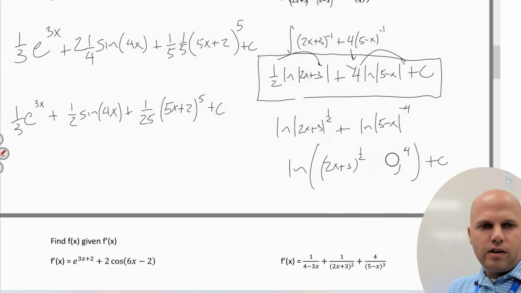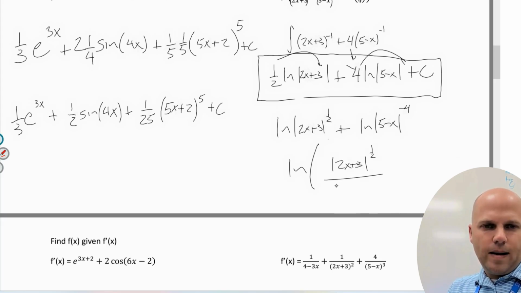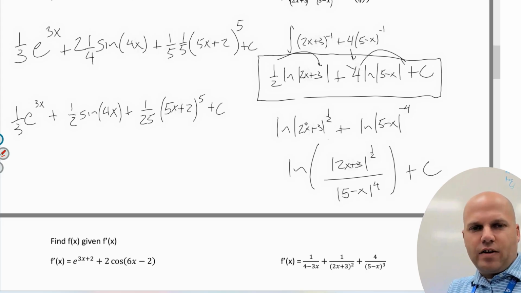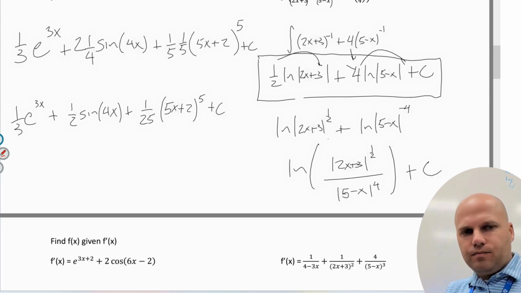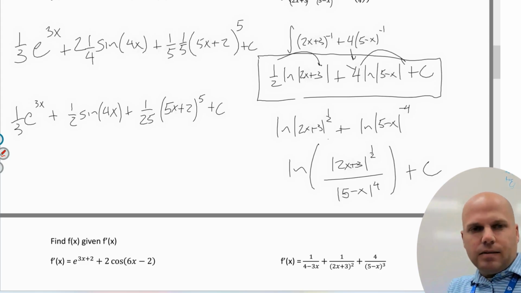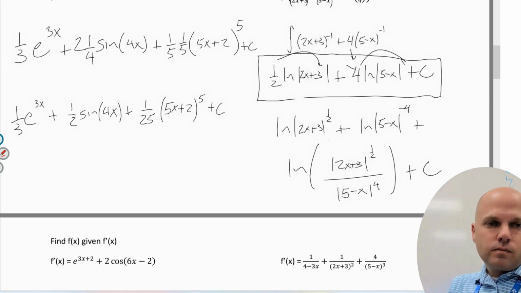So I could rewrite this as log of absolute value of (2x plus 3) to the 1/2 over absolute value of (5 minus x) to the 4th. Cool. And it ends up like the absolute values go with these quantities. For you guys, this is fine.